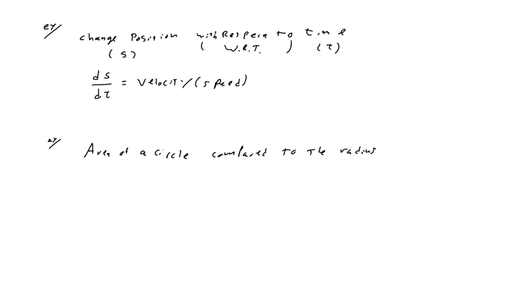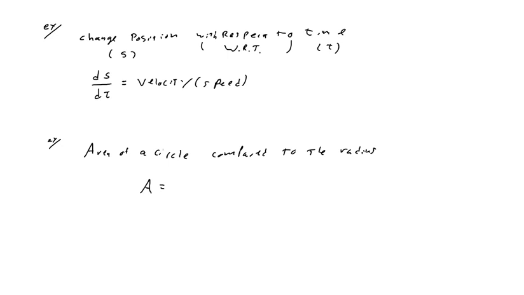We have a formula that connects area and radius. We know the area of a circle is... what was the formula for the area of a circle, everyone? Who remembers?